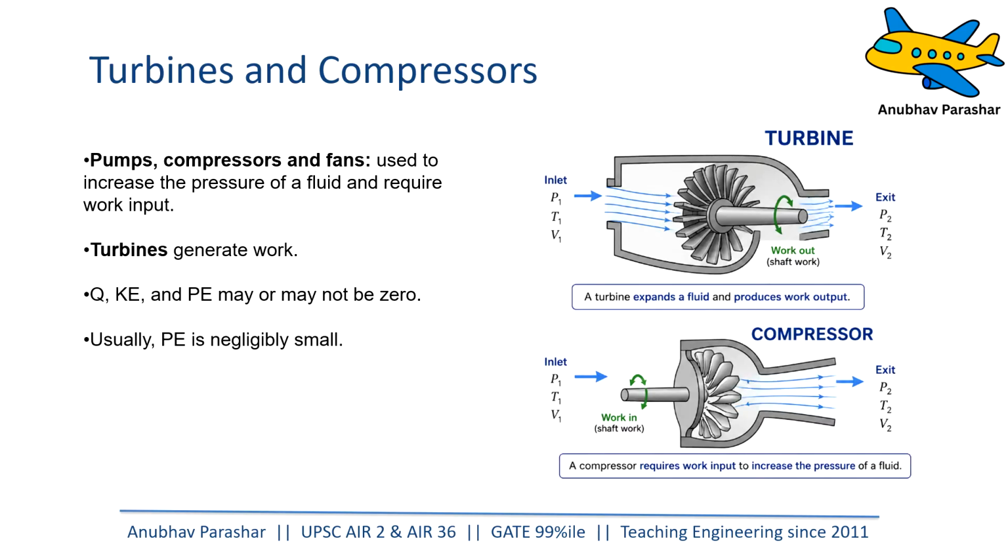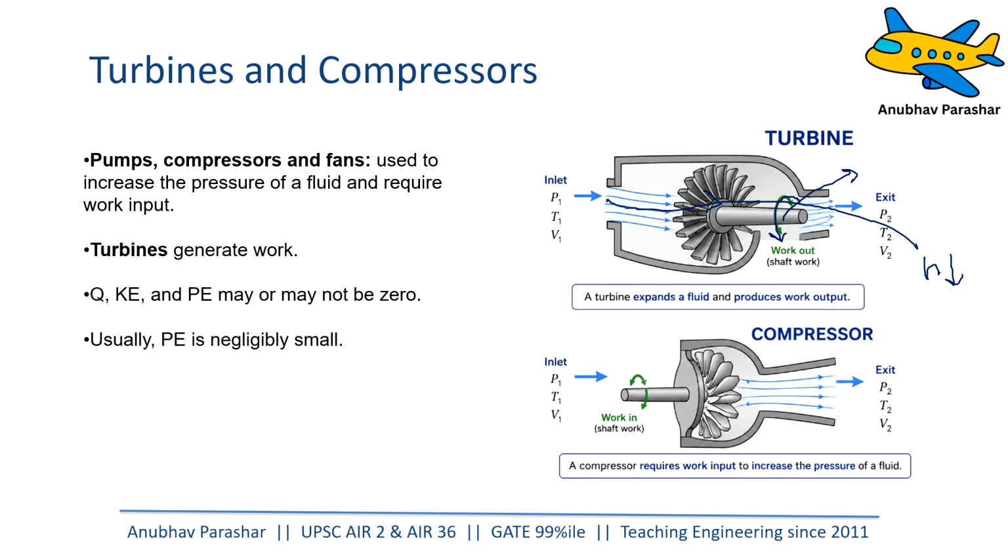Now let us look at turbines and compressors. The turbines and compressors are work producing and work consuming devices respectively. Now, what do I mean by work producing device? For example, in a turbine, the enthalpy of the flowing fluid is reduced, and whatever decrease in the enthalpy is converted into work.